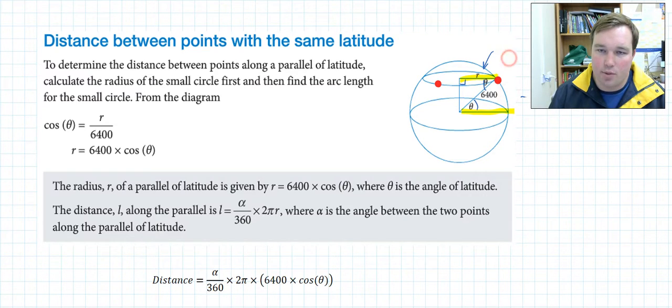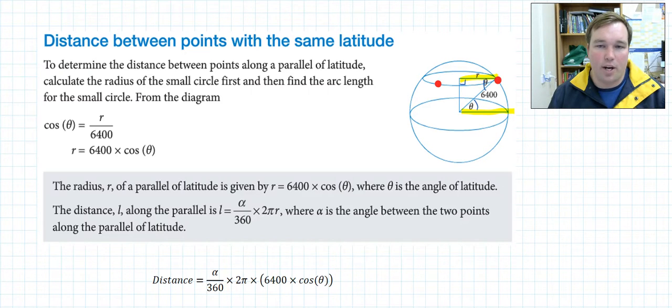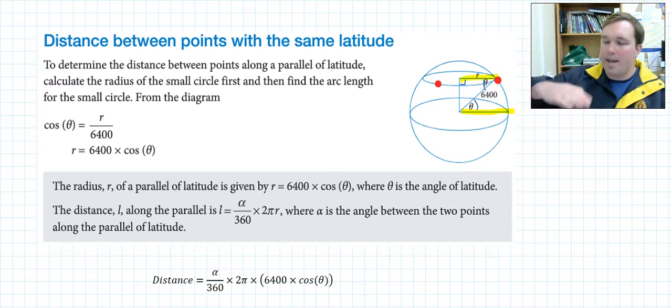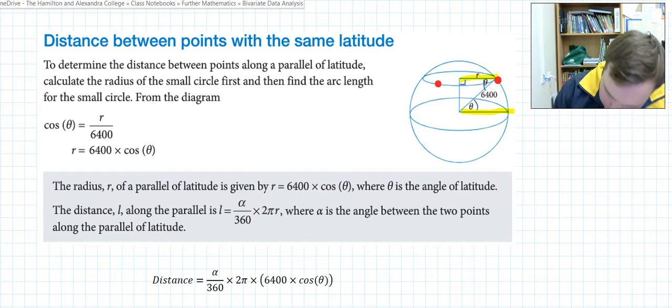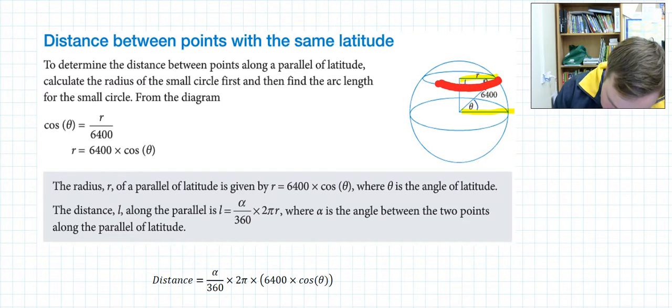Now the radius of the small circle can be given by r is equal to 6,400 times cos theta, where theta is the angle north. Alright? Then, these two are separated along this small circle here by another angle. That angle, that gap there, we'll call alpha.